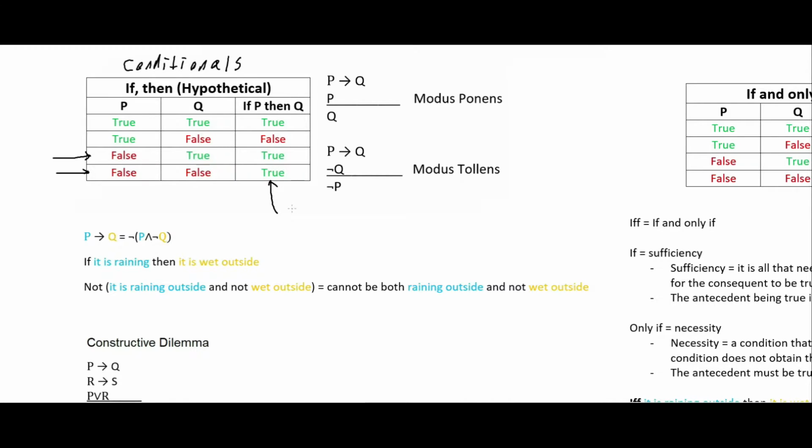So in this, we're talking more about validity than actual soundness, is probably a good way to put it.